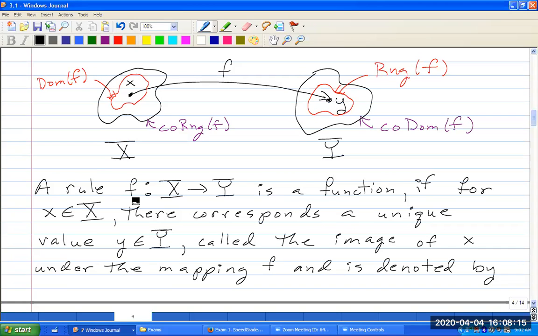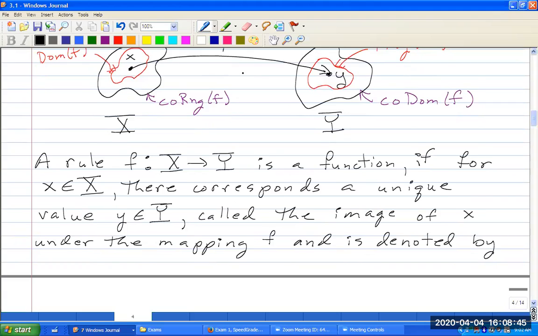So a rule F mapping X into Y is a function if for every X in the set X there corresponds a unique Y in the set Y, and this Y is called the image of X under the mapping F, and is denoted by Y equals F of X.